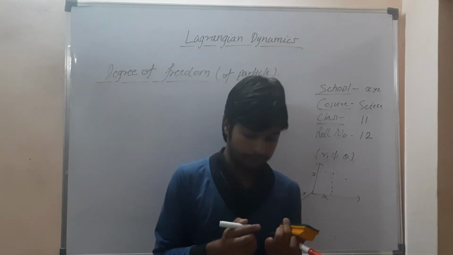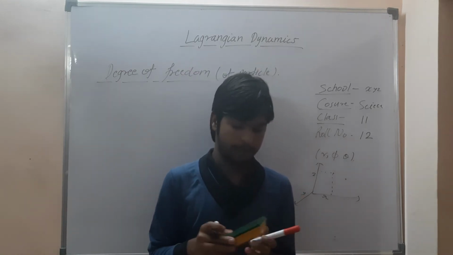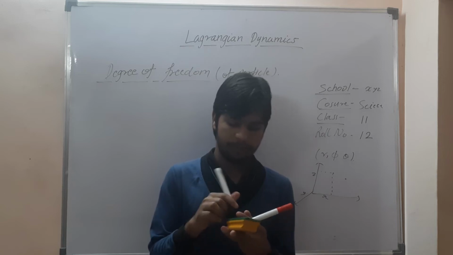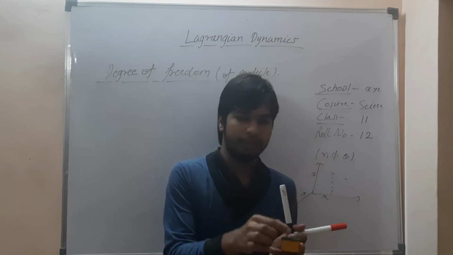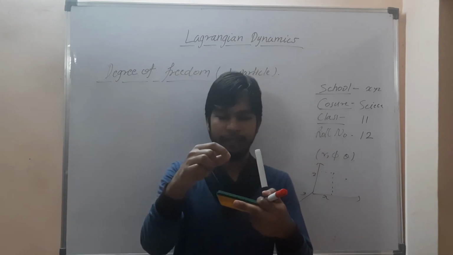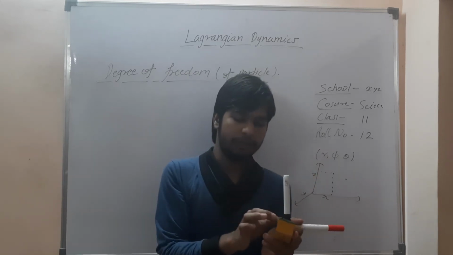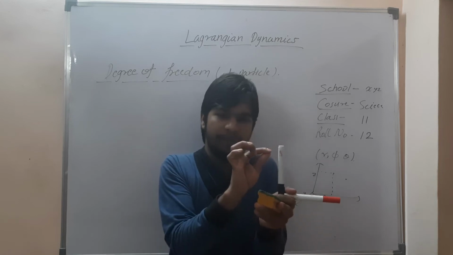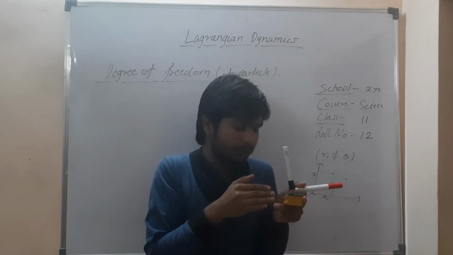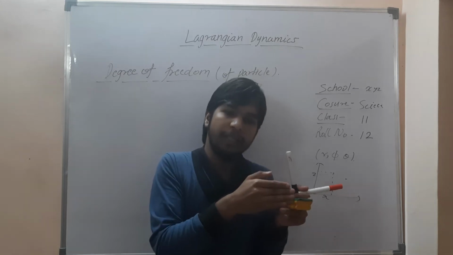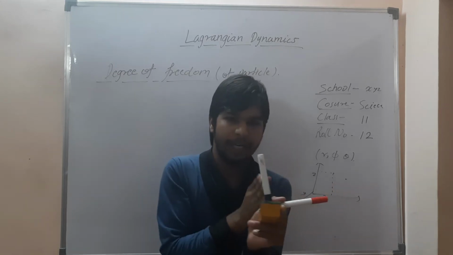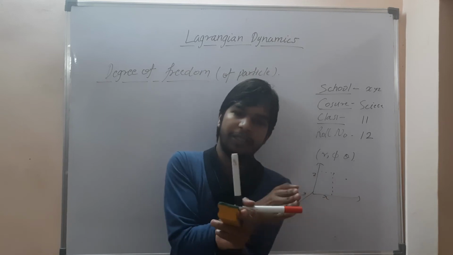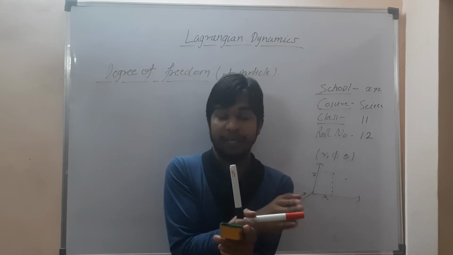I should know what is the height of the bird flying, how much distance it is in the z axis. Then I should know how much distance it has in the x axis also.